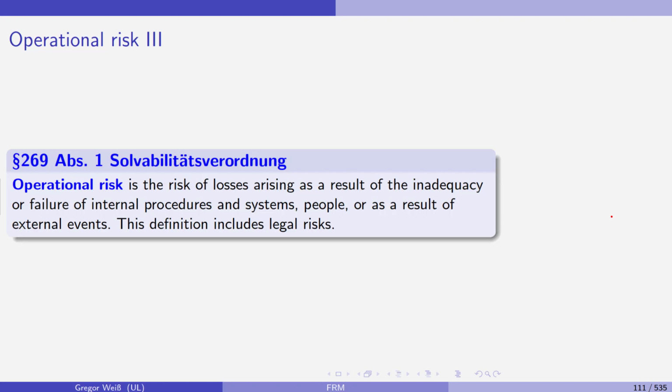Operational risk is the risk of losses arising as a result of, first of all, inadequacy or failure of internal procedures, systems, people, or as a result of external events, and this definition includes legal risk. So what you can see is, it's everything. It's the inadequacy or failure of an internal procedure, could be anything, internal system, this includes IT, service center, but anything else, any system, people, inadequacy or failure of people.